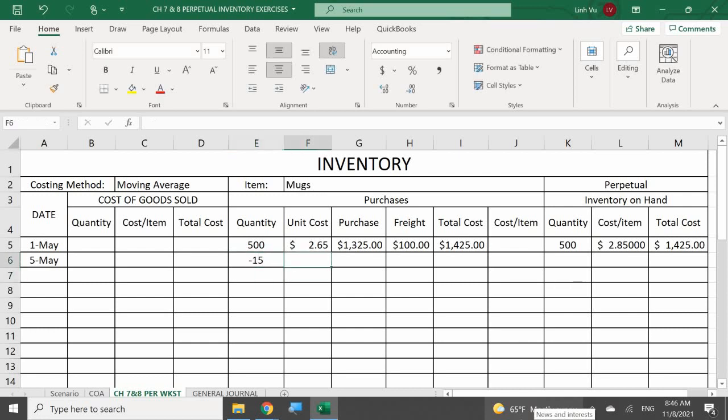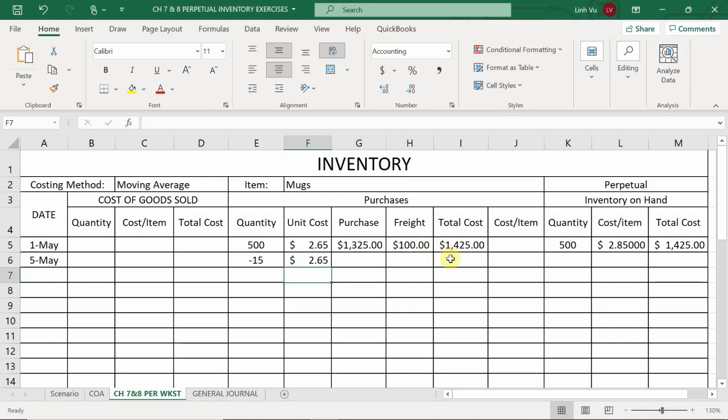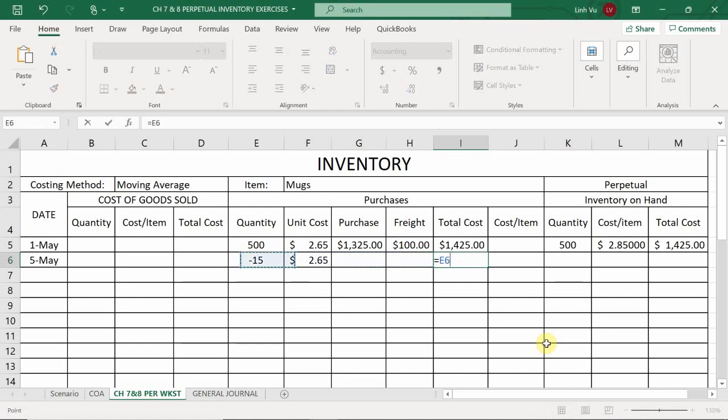We're returning 15 of them. In quantity, I'm going to put -15, and in the purchase price, it's going to be $2.65 each. And here, I'm going to go straight to my total cost because we can't return freight. So I'm going to put the total cost that I'm subtracting, $39.75, because I just multiplied the quantity times the unit price.